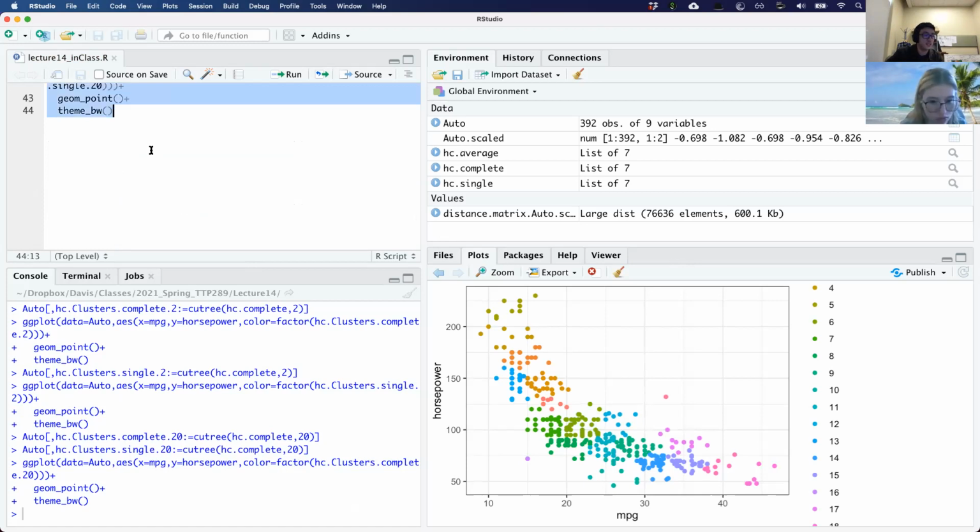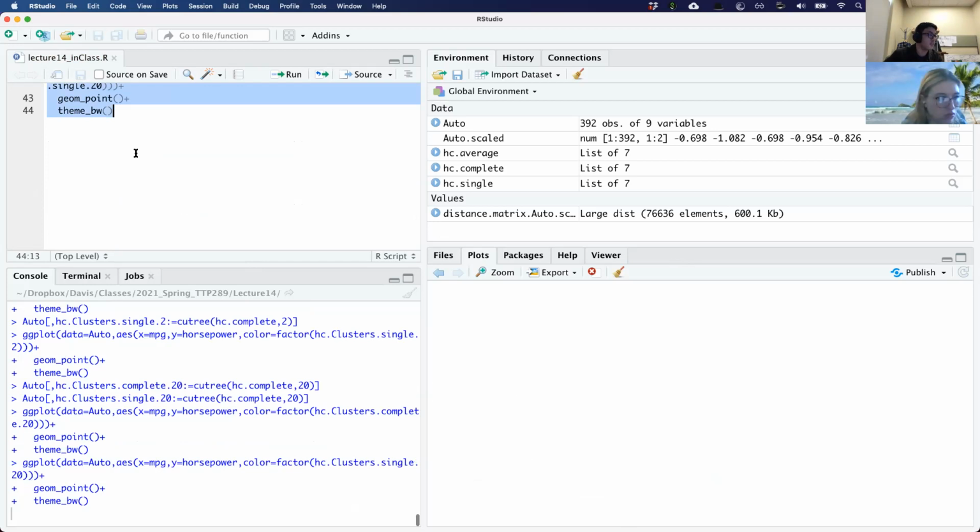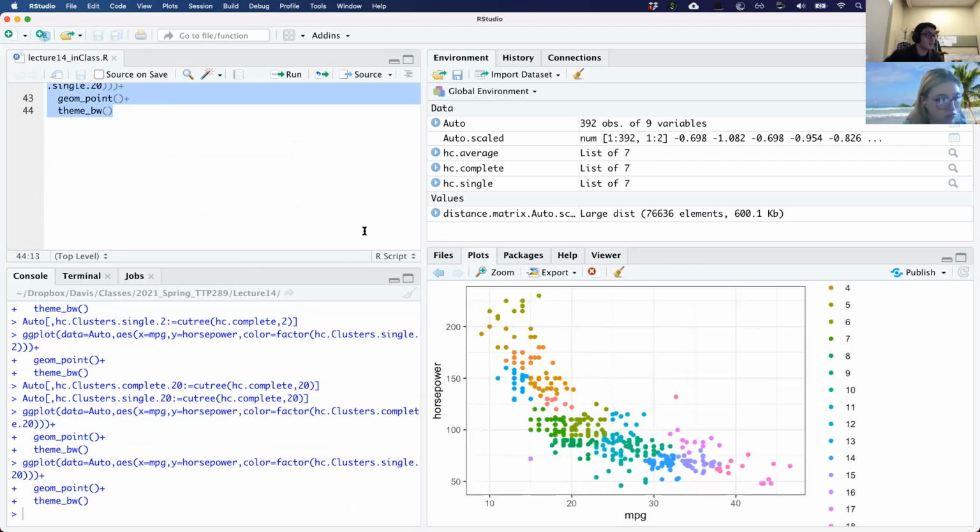And let's see if the single one looks any different. Okay, in this case, well, I don't have them side by side, so harder to tell. But typically, you're going to start to see larger and larger groupings of points with the single.